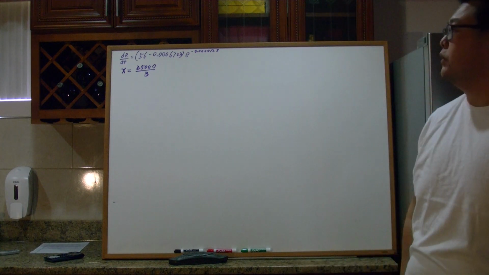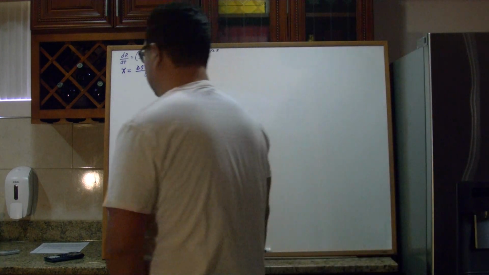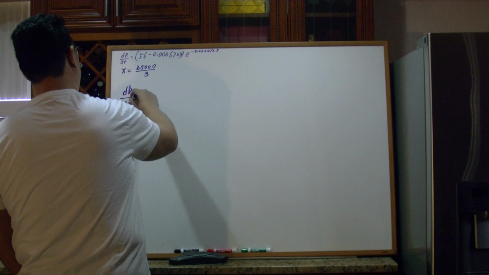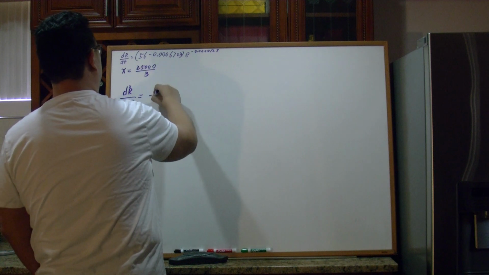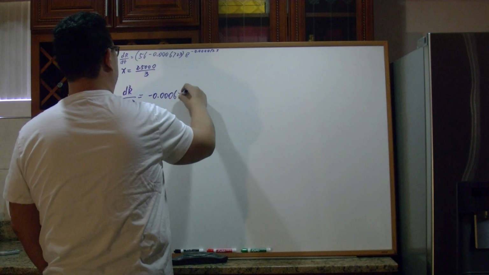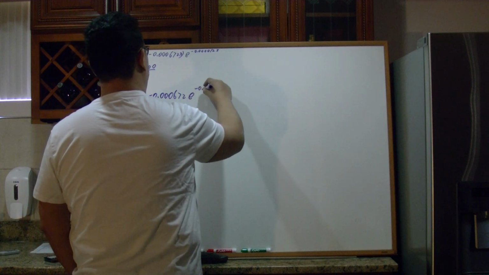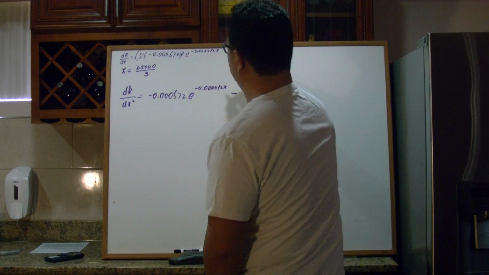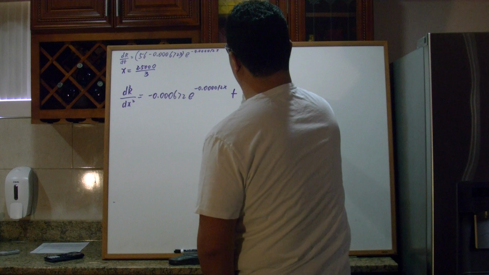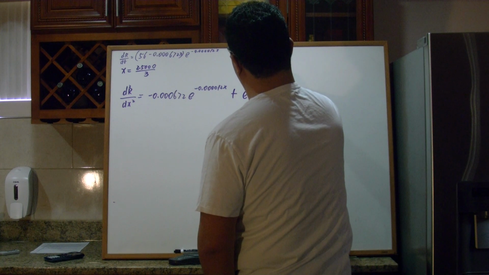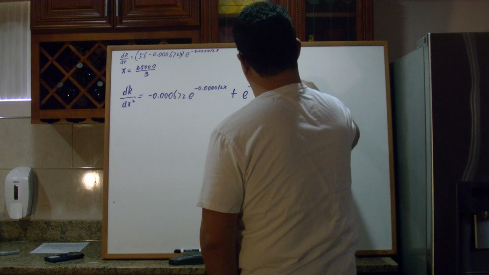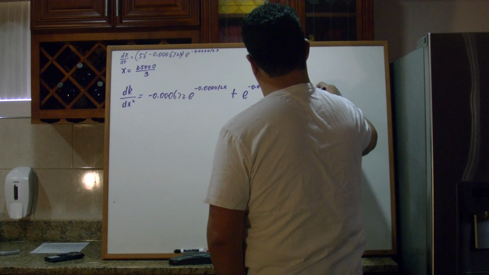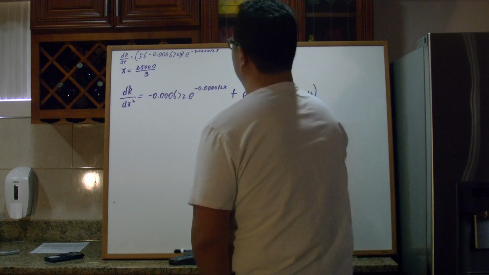Well, that's the amount of units it will get. Then we find the second derivative. That is negative 0.000672 times e to the negative 0.000012x, u prime times v plus v prime times u.